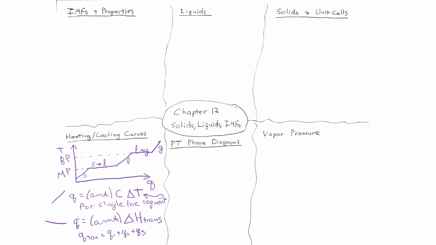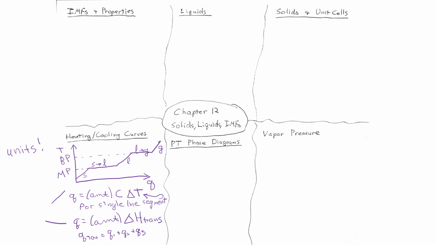So I'm going to use the margin area over here and add a couple other notes. Units, right? You've got to watch out for your units on heating and cooling curves very closely, because it's standard for the delta H's to be in kilojoules and for the heat capacities to be in joules. It's also standard for the heat capacities to be joules per gram, whereas the delta H's are kilojoules per mole.